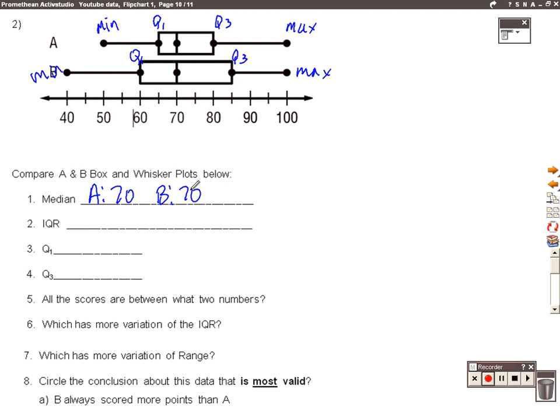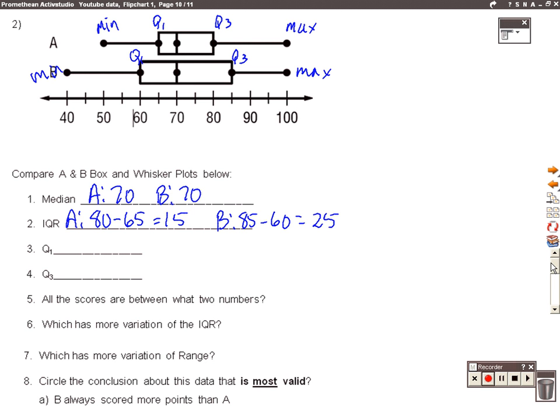The interquartile range for A would be quartile 3 take away quartile 1, which is 15. And for B, the interquartile range is 85 take away 60, which is 25. And you need to take the time to make sure that you understand where the numbers are coming from and that you're getting the same answers that I'm getting.